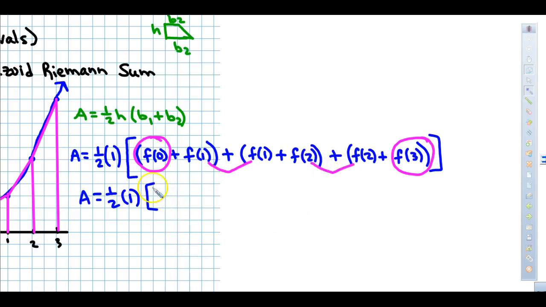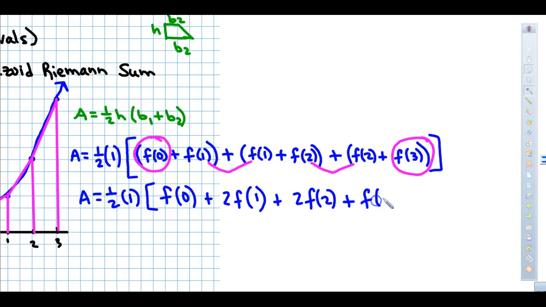That'll help you out a little bit. So you could actually have written this as your f of a, your first endpoint, plus 2 times f of your next point that divides your intervals, plus 2 times f of 2, because they're going to be used twice. So those inside segments get used twice. The outside ones only get used once.